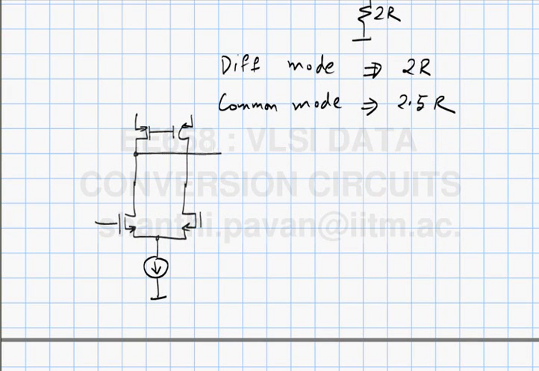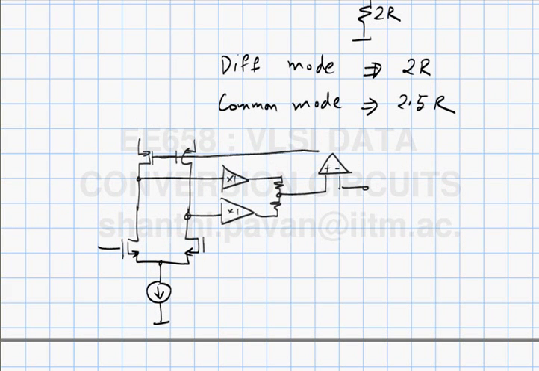Let's assume that we have an ideal common mode detector which doesn't load the op amp, and an ideal amplifier which drives the gate of the PMOS transistor so that they behave. Alright, and this is VIP, VIM.